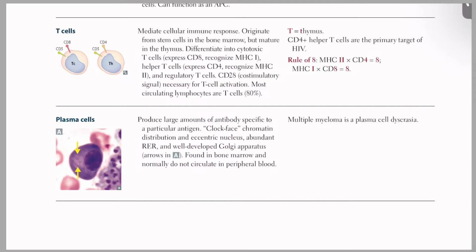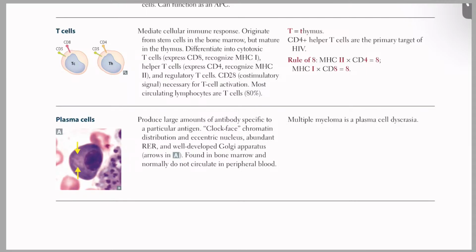CD28 co-stimulatory signal necessary for T cell activation. Most circulating lymphocytes are T cells, 80%. T equals thymus.